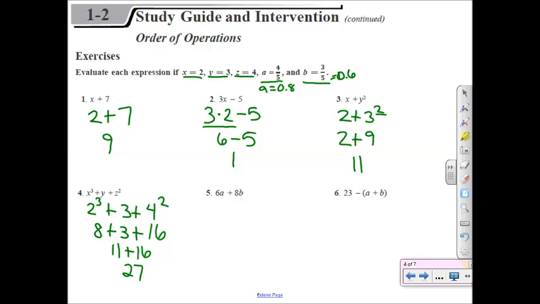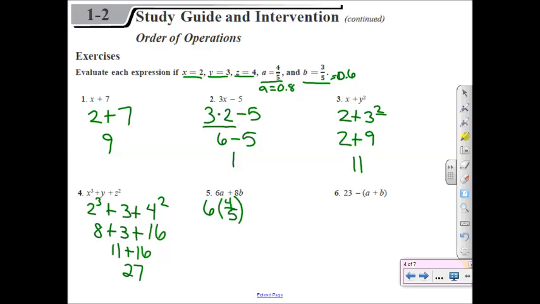For 5, I don't want you to have to worry about the fractions, so all we're going to do is actually just set it up. So it's not going to turn out to be a super pretty number. So 6a plus 8b, we would put in the numbers. So we would say 6 times a, which is 4/5.